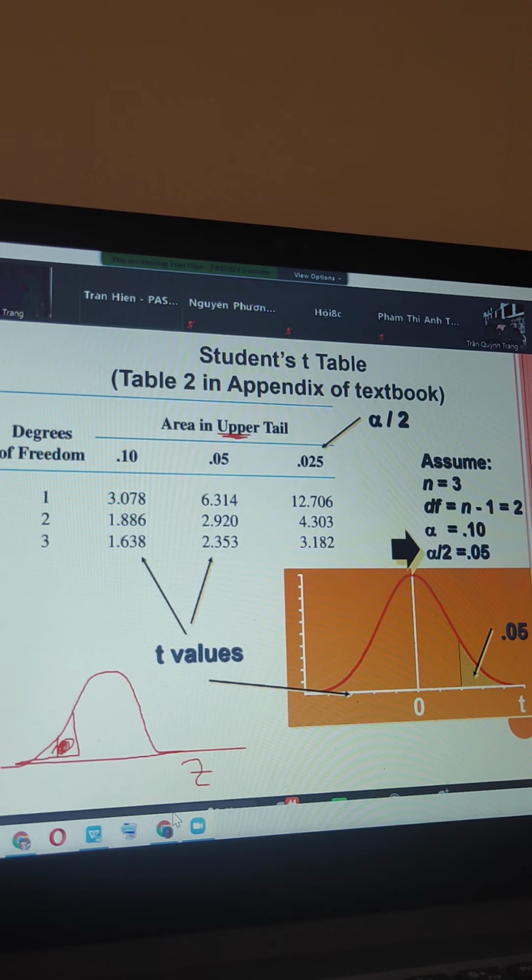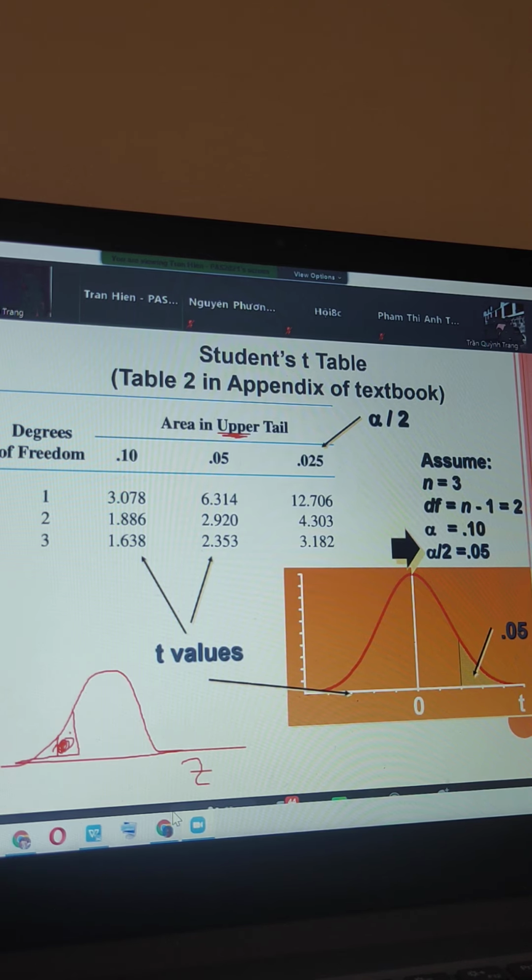Okay, so this is the difference between the two distributions. So the areas in the upper tail will show you here.